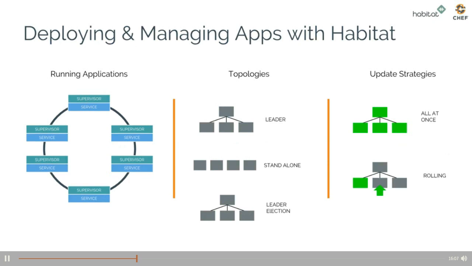Now, another thing that we'll be demonstrating is that with Habitat, when we deploy our applications out to the depot, every single artifact we build is tagged with a channel. Out of the box, we use stable and unstable, but any artifact can be deployed with arbitrary channel names to map to your software development lifecycle.